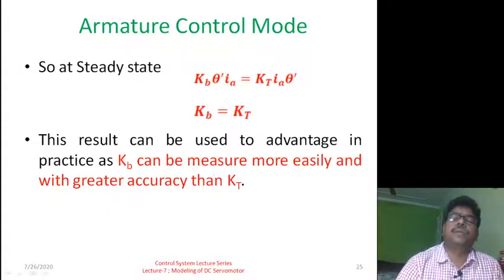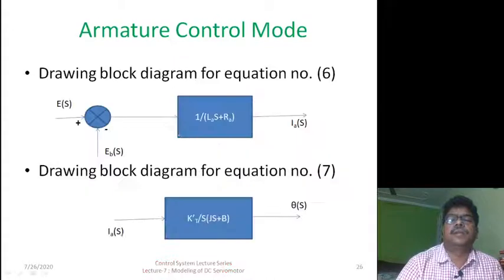So this is very useful from the measurement, accuracy and designing points of view. This is another approximation for the motor torque constant. So K_b, the back EMF constant, is very useful for designing.